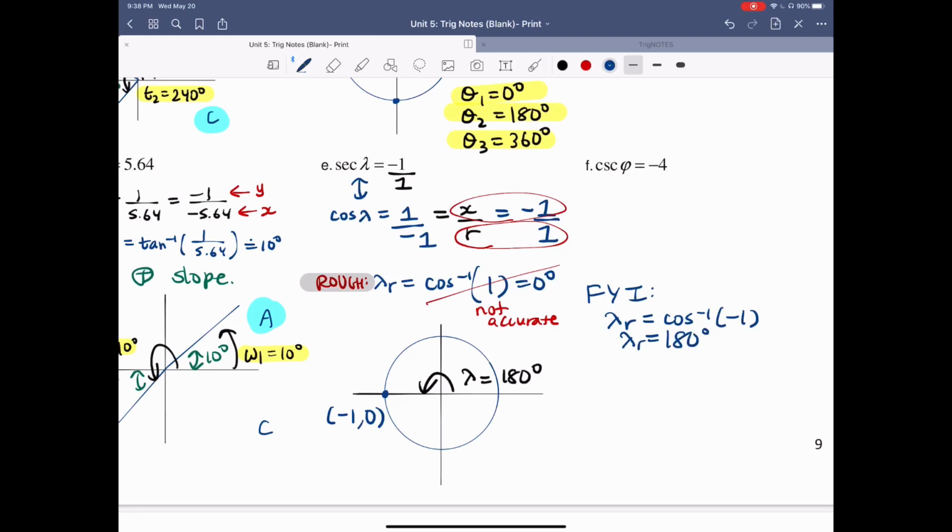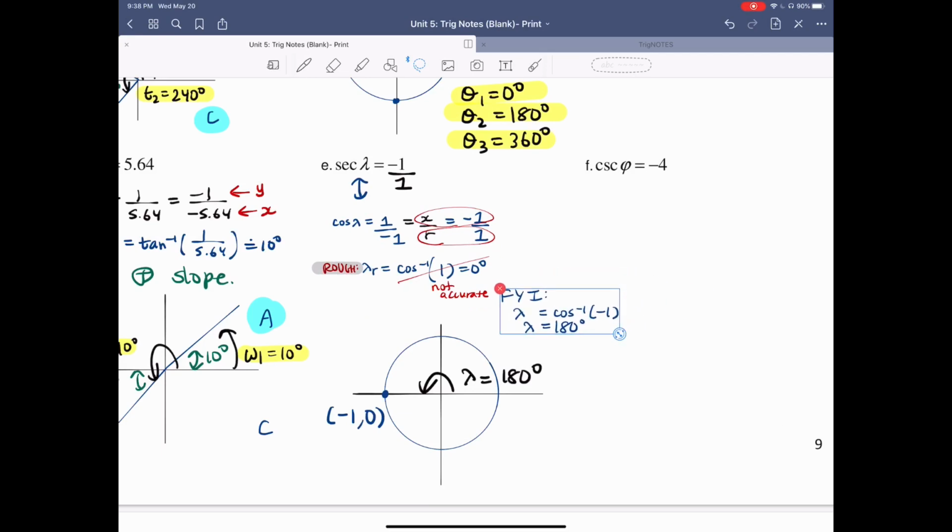But in this case, you don't have a related acute angle; you actually found the angle itself, and so that is just lambda itself. But I do like to use the picture every time, just so that I can be consistent with my steps, but I still want to show you the FYI part.